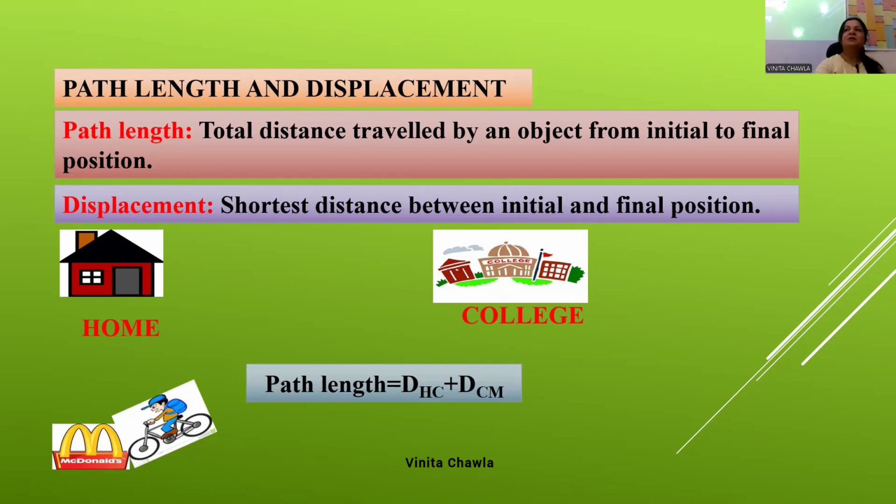Okay, path length is the distance between home and college plus between college and McDonald's. And what is the displacement? Initial position is home, final position is McDonald's. So what is the displacement? Shortest distance between initial and final position is the home to McDonald's distance. That is displacement.